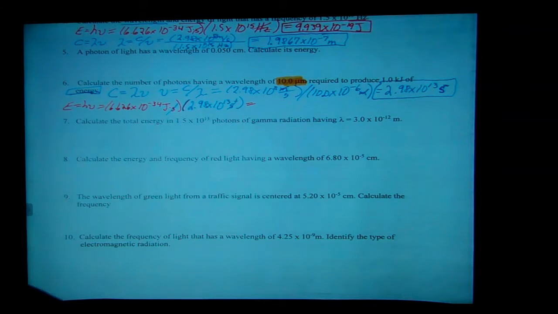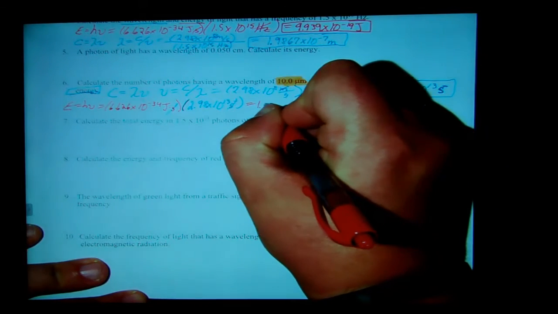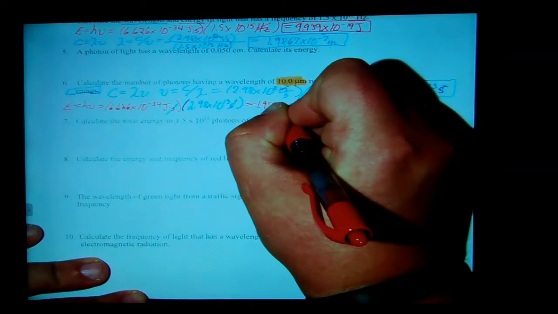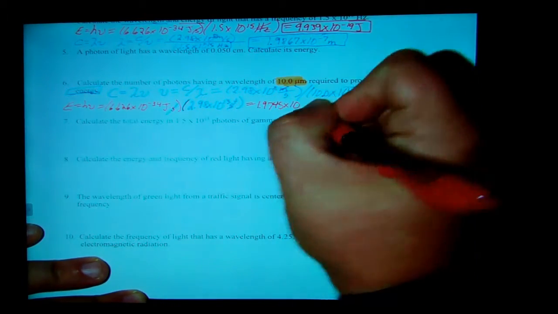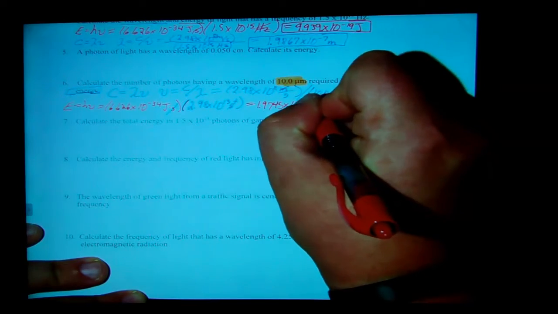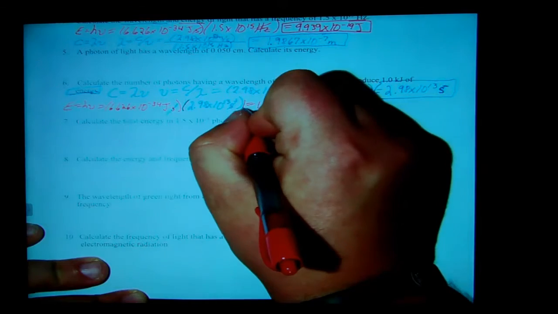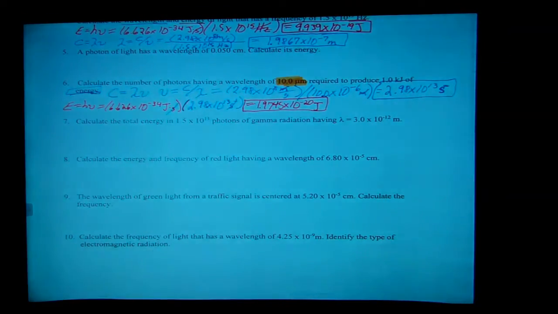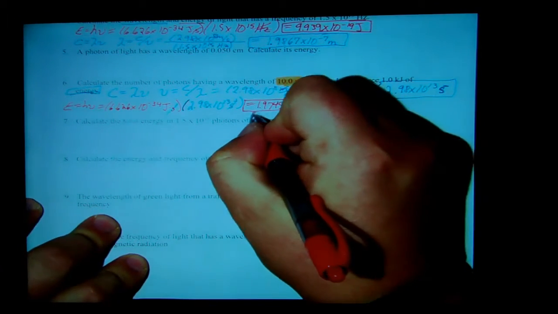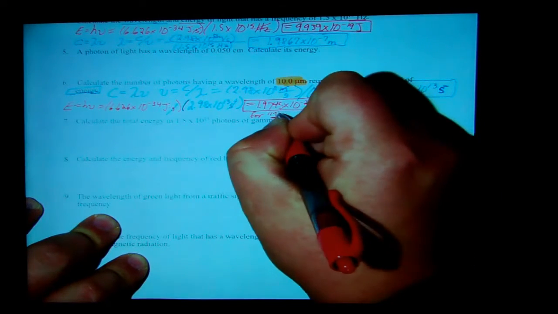Now just use it straight from the calculator. You don't have to switch it. Alright, so we get that energy. Now this is the key. This is the energy for one photon.